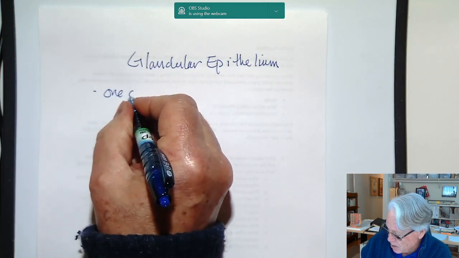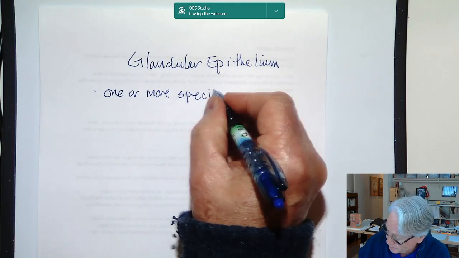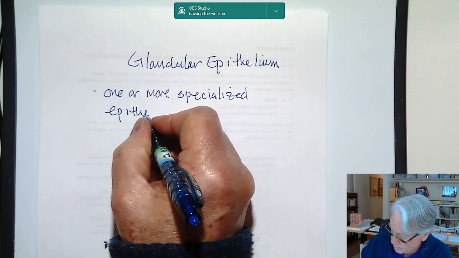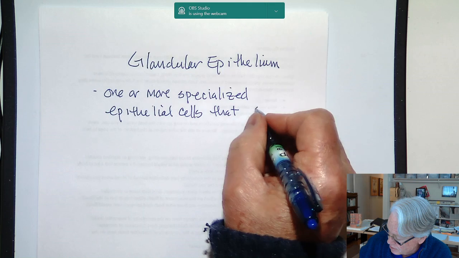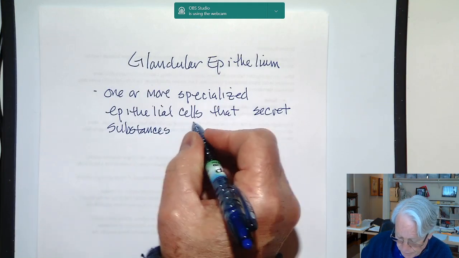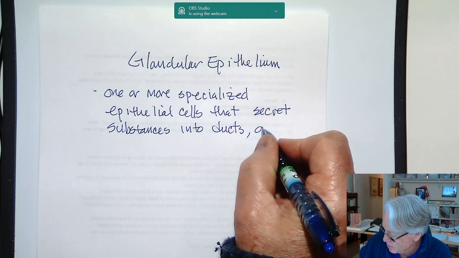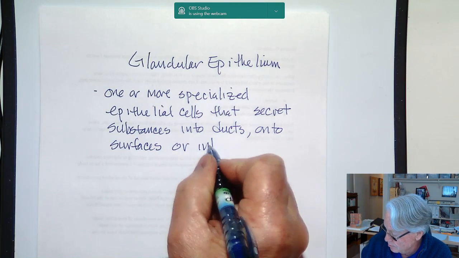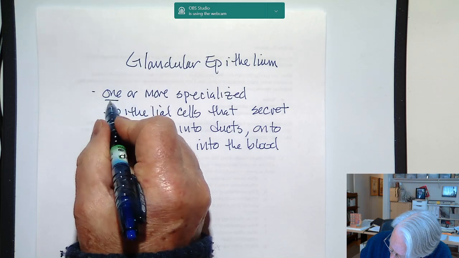A gland is one or more specialized epithelial cells that secrete substances into ducts, onto surfaces, or into the blood. Okay, so one or more.